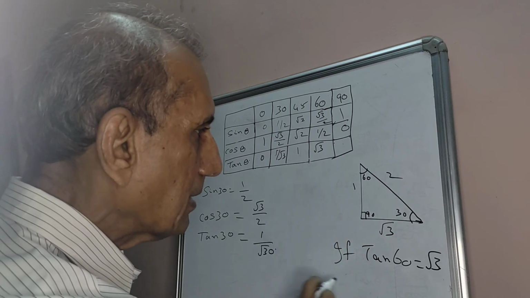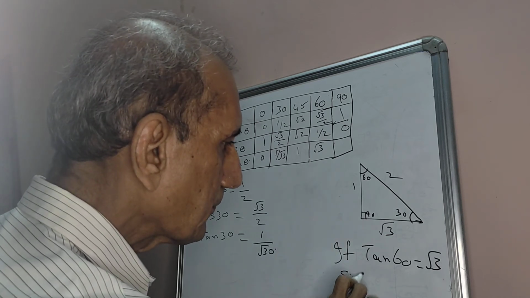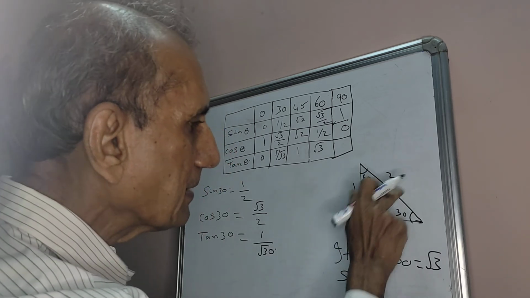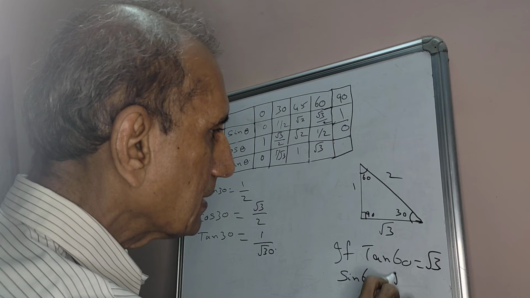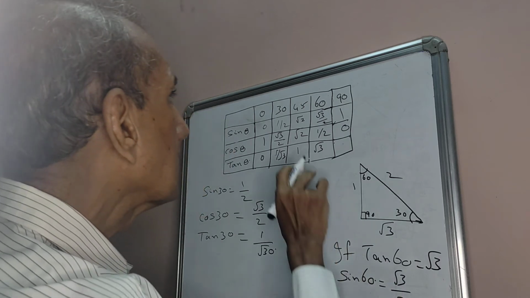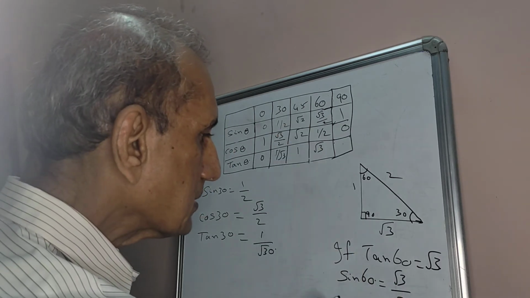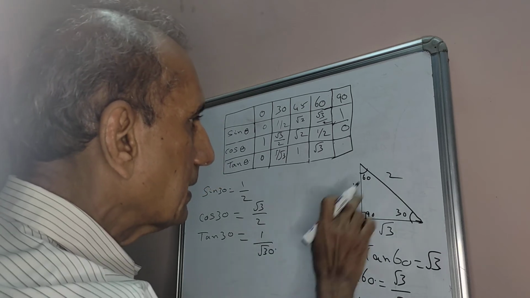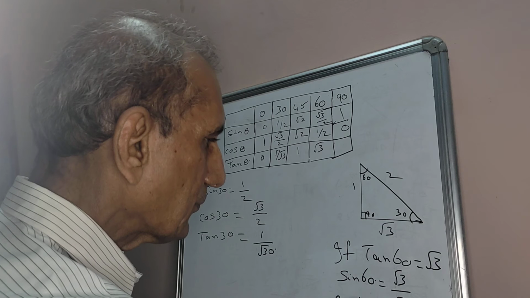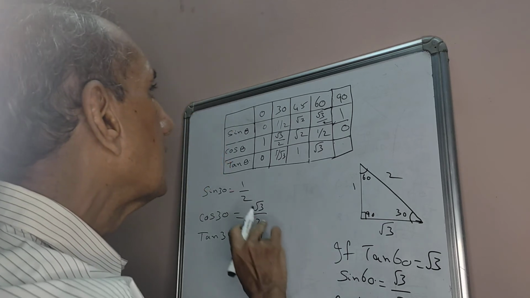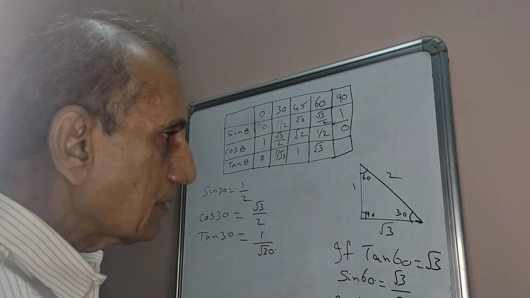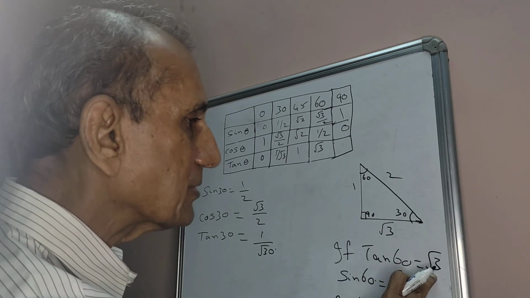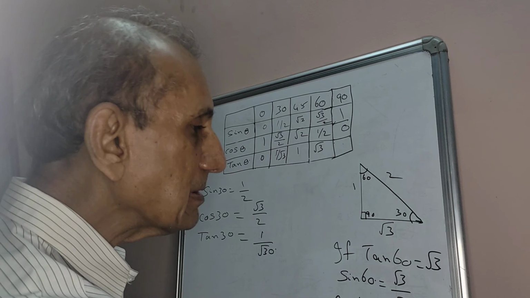Now I want sine 60. Sine 60 is opposite side by hypotenuse, root 3 by 2. Now cos 60 is adjacent side by hypotenuse. So that is how you can find them out. If one ratio is given to you, you can easily find the others.